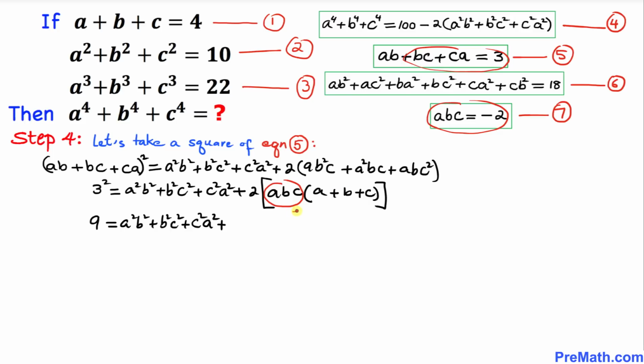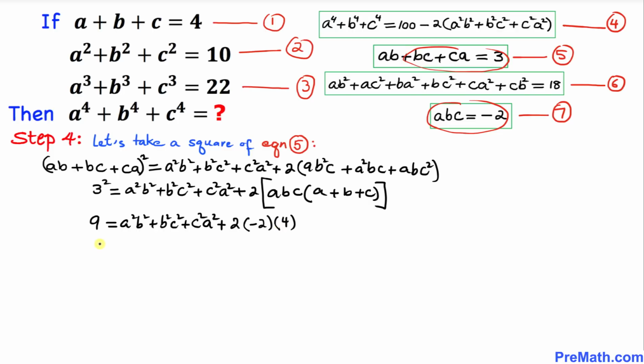We can replace it by -2, and this A plus B plus C from equation 1 is 4. So we are going to replace that one by 4. So this could be written as 2 times -2 times 4.